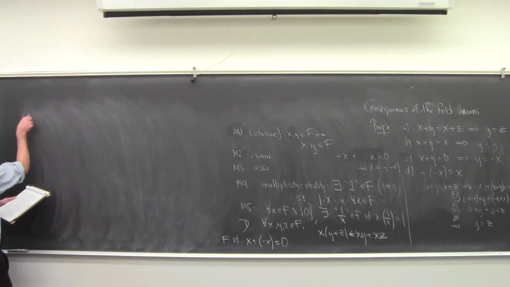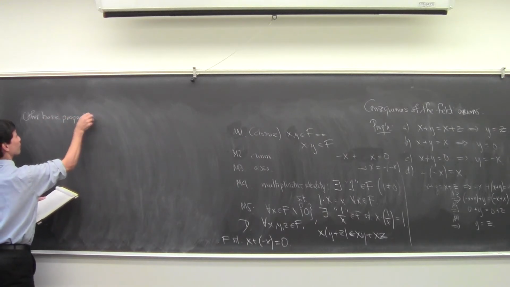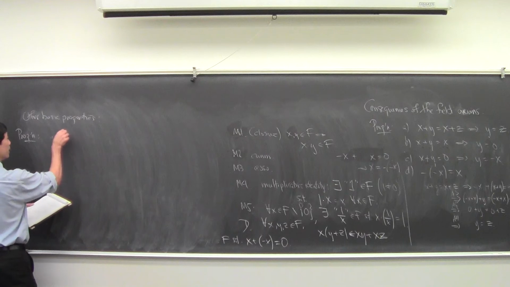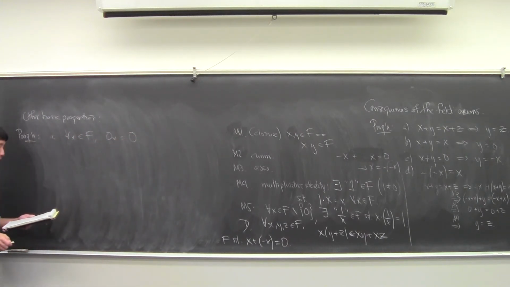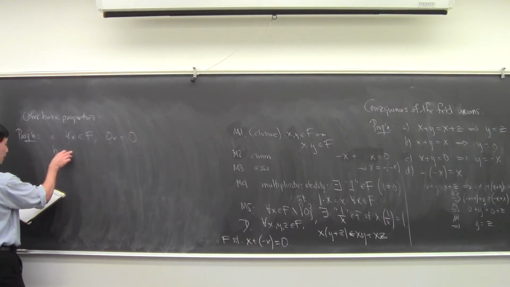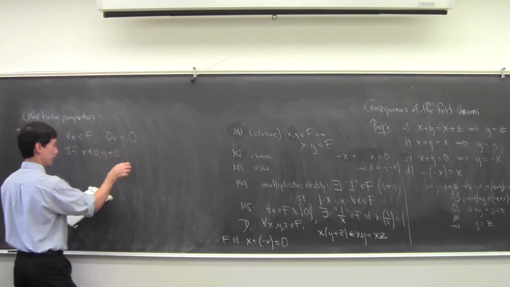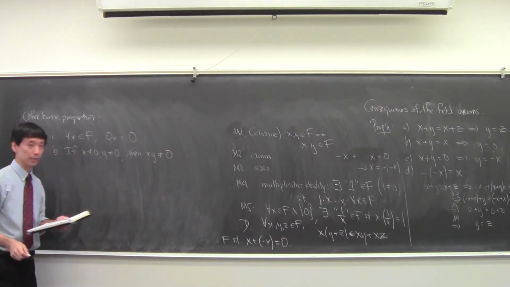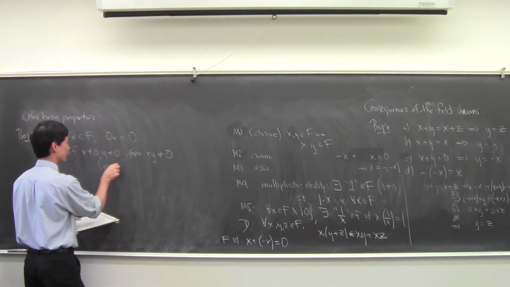Okay, so other basic properties. Multiplicative properties. First, given anybody in your field, 0x has to be equal to 0. If x is non-zero and y is non-zero, then xy also had better be non-zero. So there are no zero divisors.